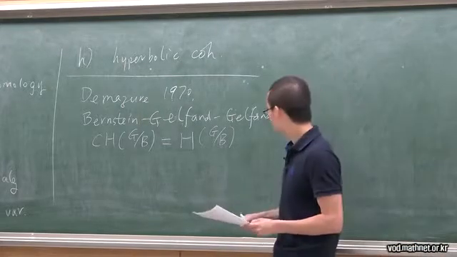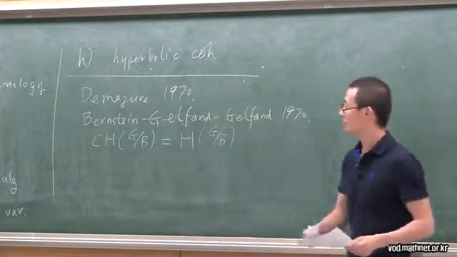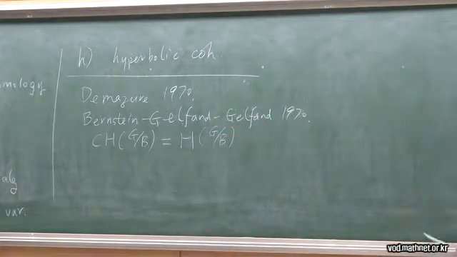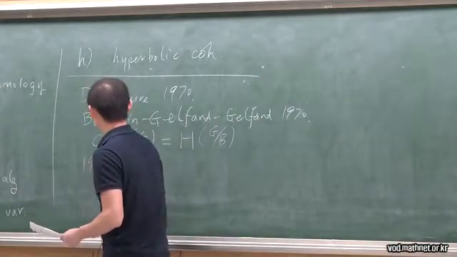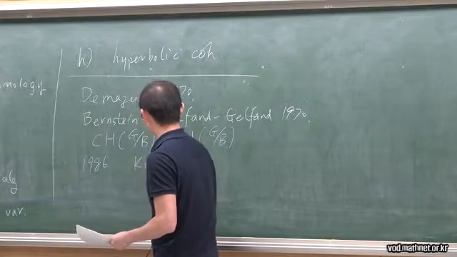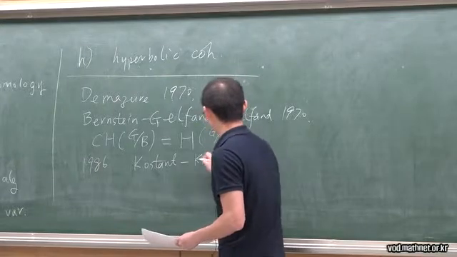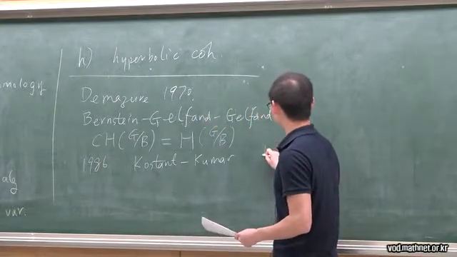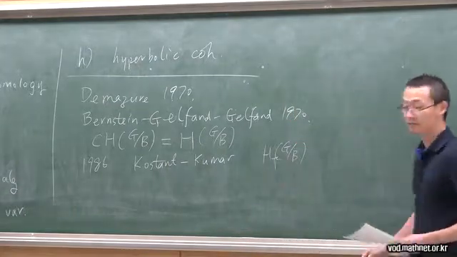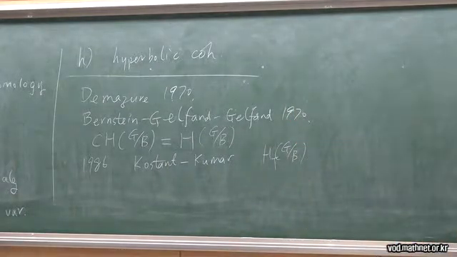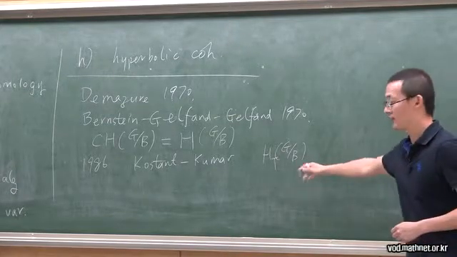B is the Borel subgroup. So G mod B is the complete flag variety. And after that, Kostant and Kumar studied the cohomology of the flag variety, actually torus equivariant cohomology, and this G can be a Kac-Moody group, so the Kac-Moody flag variety, which is more general.